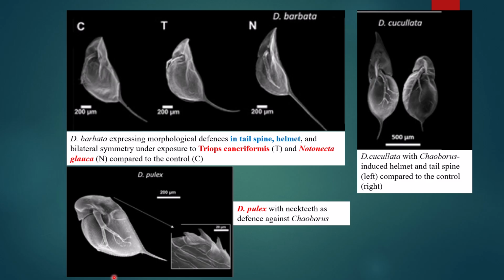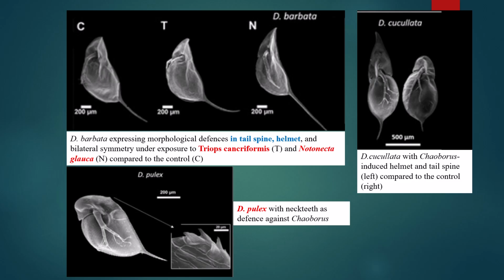And this is again the third case, where the Daphnia pulex. So it's another species of Daphnia which results in the production of neck teeth. So here, this is the enlarged version of these neck teeth. And these neck teeth are small protuberances on the neck region, and they are produced as a defense mechanism against predators.